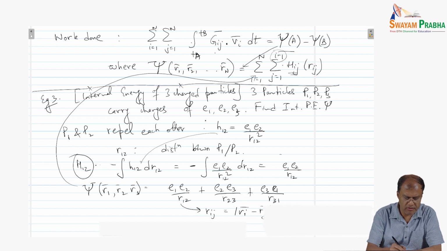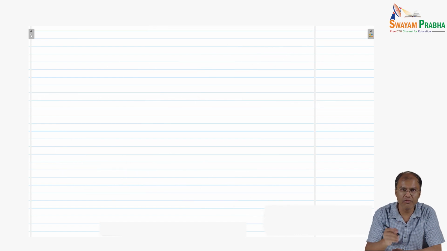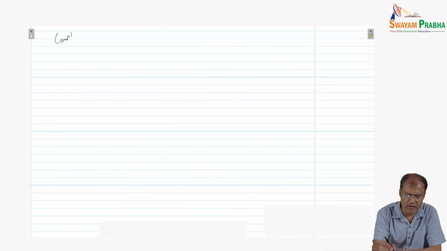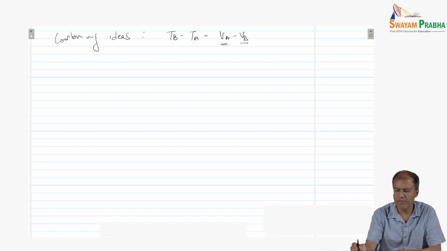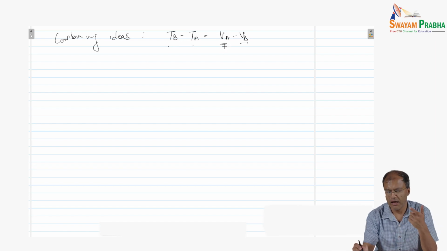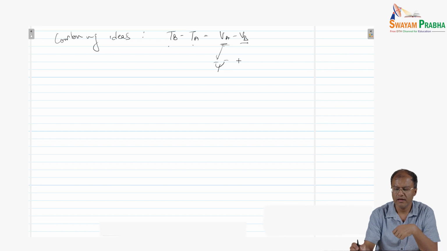Okay. So before we wrap up, we sum up our discussion by mentioning that we can combine all the ideas we have discussed so far. Combining ideas, we see that TB minus TA is going to be VA minus VB, right? So what are these VA and VB? TB and TA are the kinetic energies. VA and VB are the net potential energy, psi A minus psi B, right?